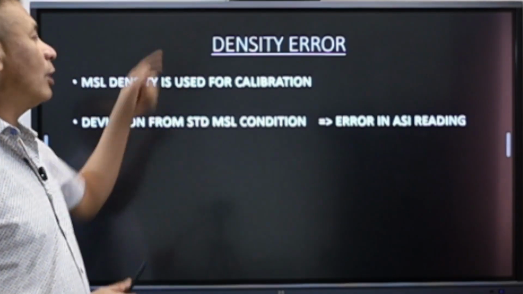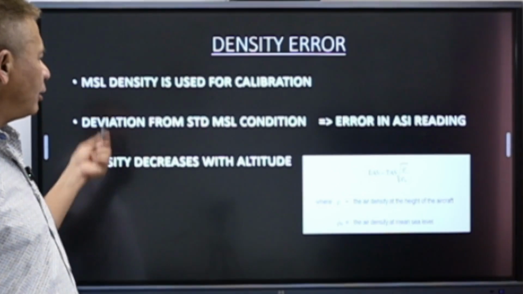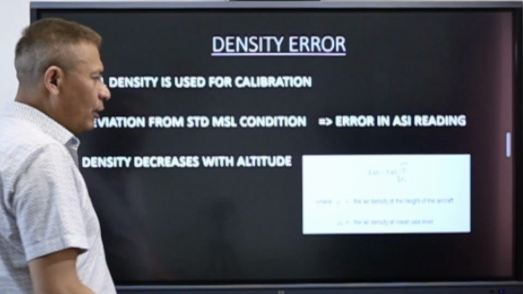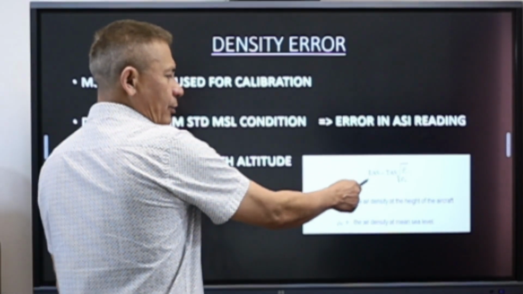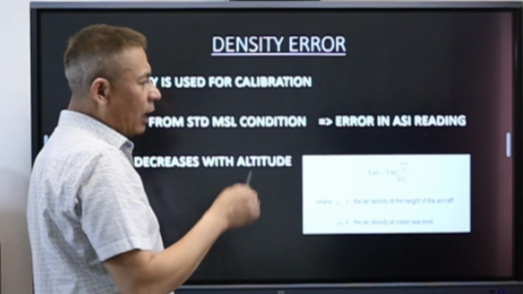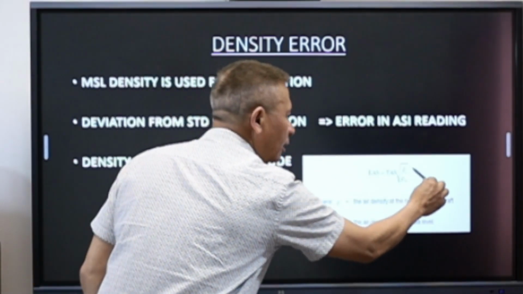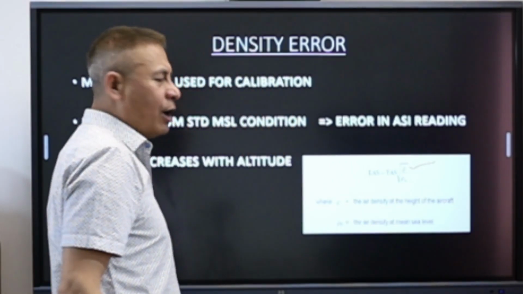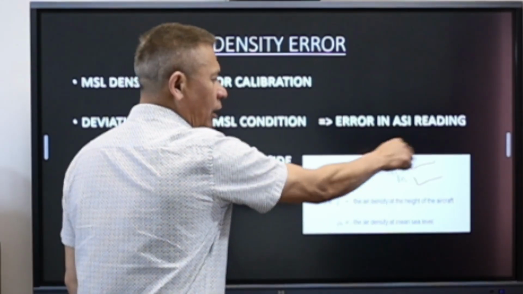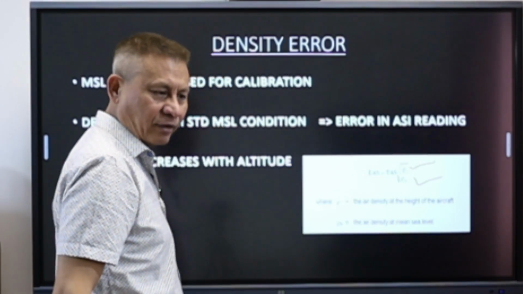That error is what we call the density error. Density error decreases with altitude. For EAS, the density correction is the square root of the density at any altitude, rho, upon the density at mean sea level. This is what we call the correction for the density.